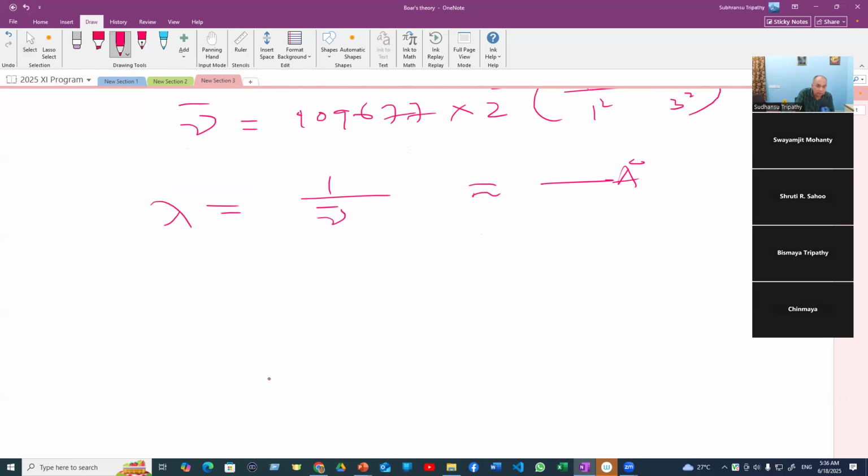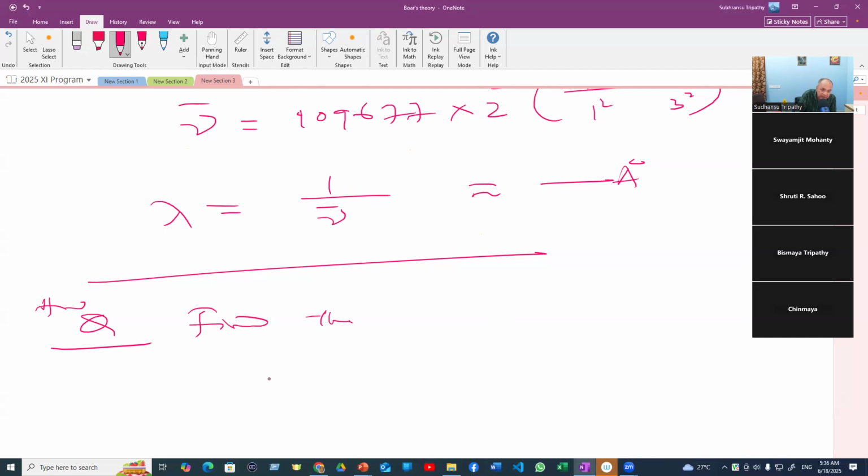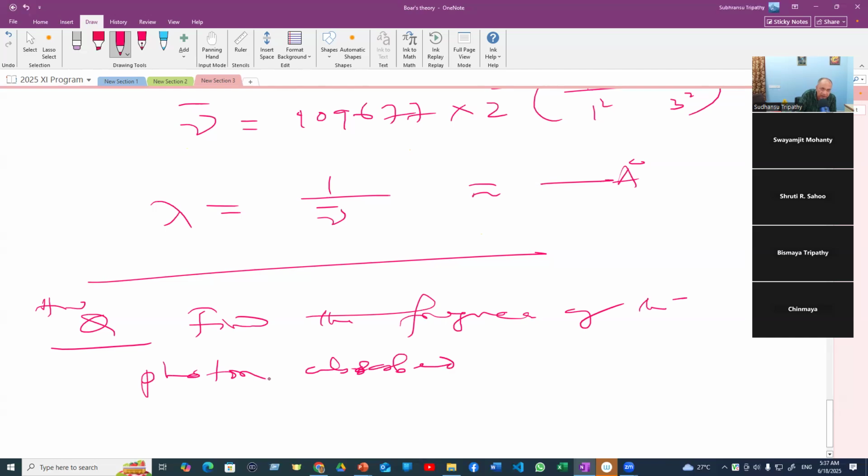Well, if I directly ask what is the frequency, I'm giving another question: find the frequency directly of the photon to be observed. I'm not giving a spectral problem, but the reverse problem.